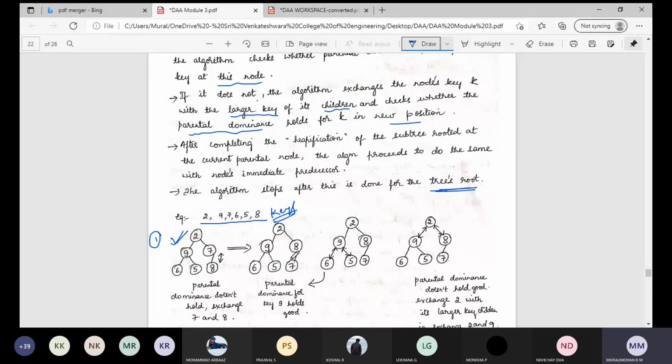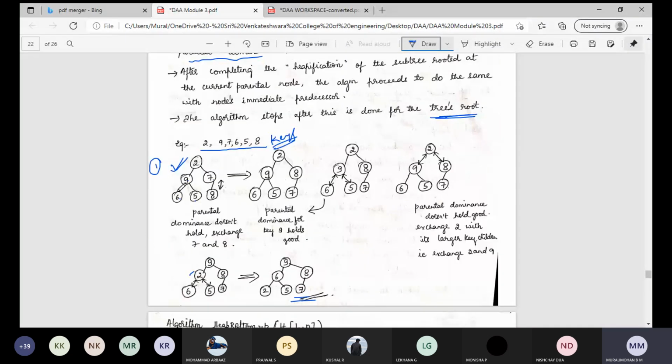First we construct the binary tree, then we go for the heapification procedure. This continues until the entire tree holds good for parental dominance. Is it clear?